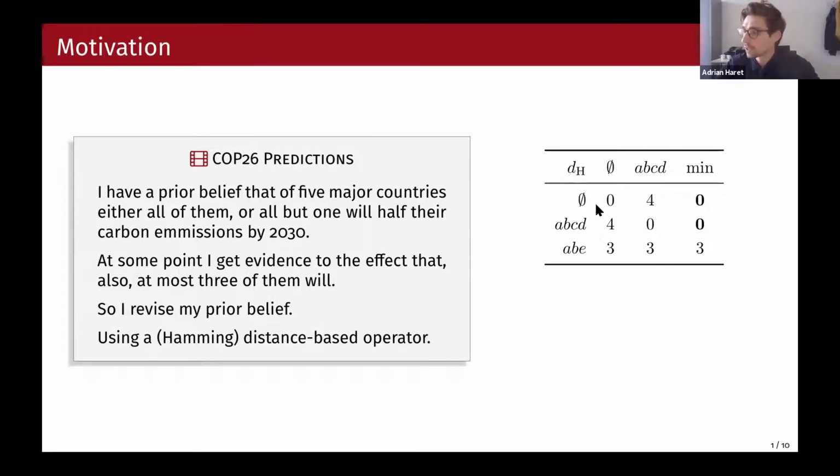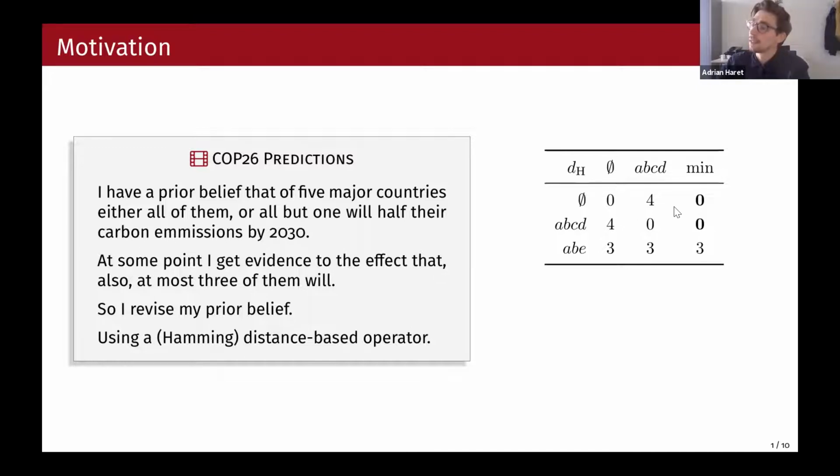And for this particular example, we can see how it works in a little table. So on the first row, we have the models of my prior belief. This is the empty set, so none of the countries will manage to achieve their emission targets, or all but one of them will. And then I have my new information here on the left, and I look at the Hamming distance between every model of the new information and every model of my prior belief.